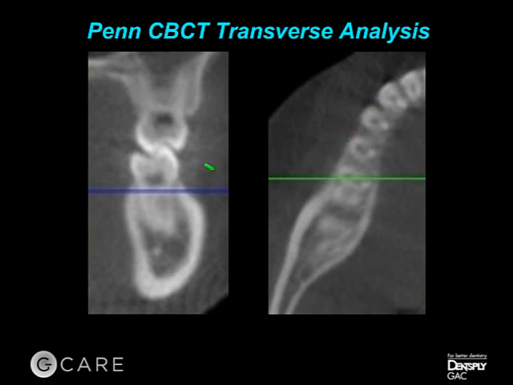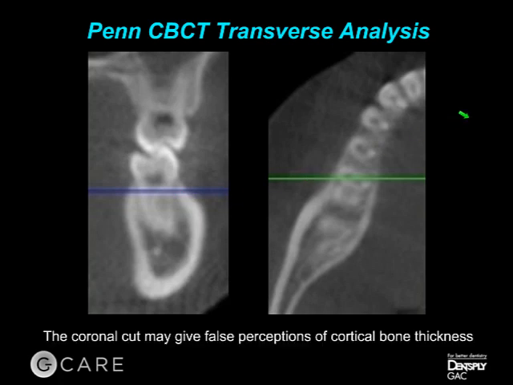So if we're going to take a vertical slice through a tapered mandible, this width of the cortical bone is going to be distorted. Even though this is the dimension width of the cortical bone, it looks much thicker on the frontal cut than it does on the axial cut. So in order to prevent any false measurements, this is the reason that we use the axial cut when we use the CBCT analysis.